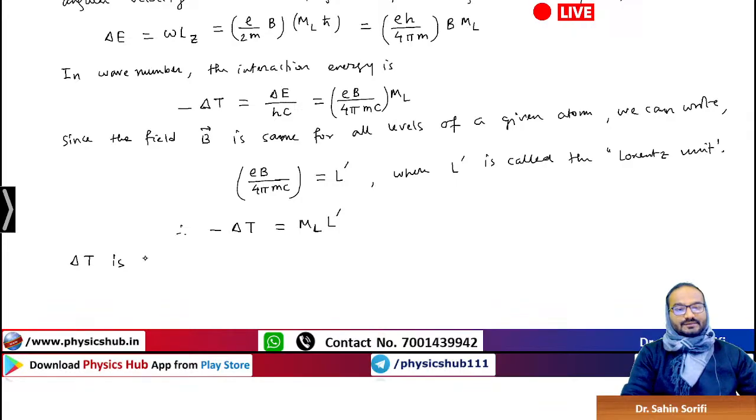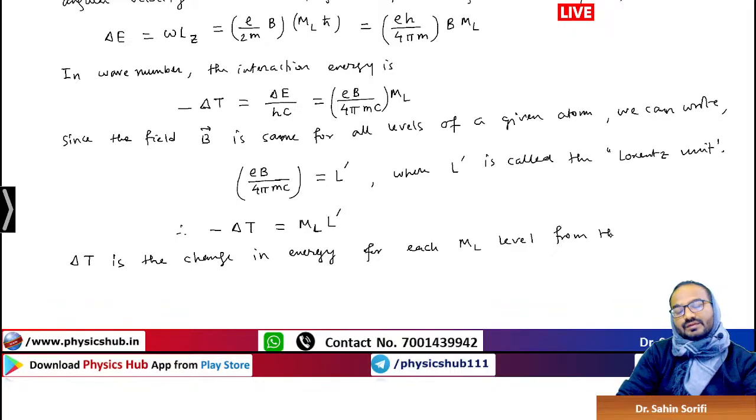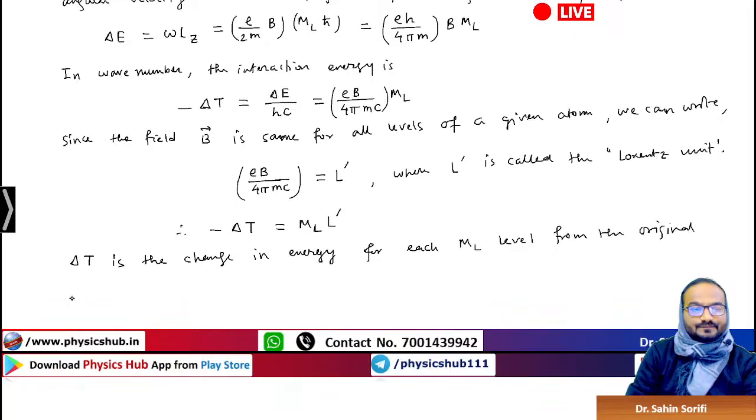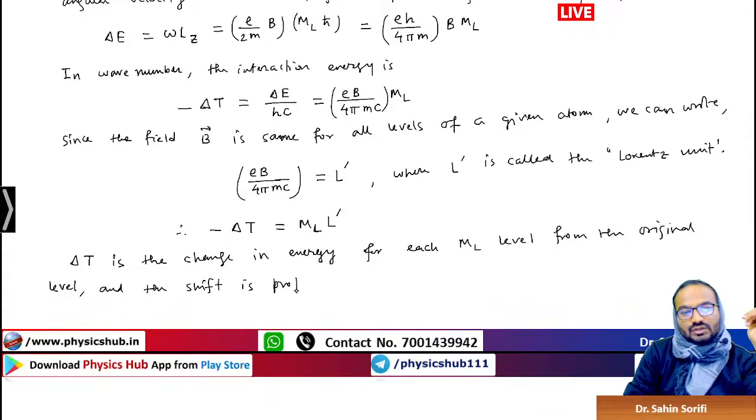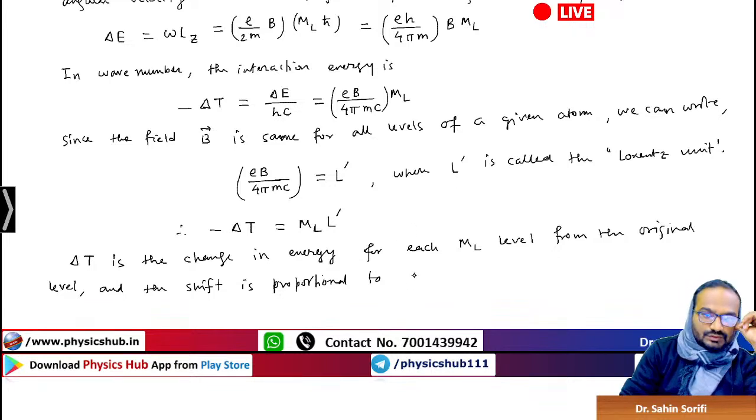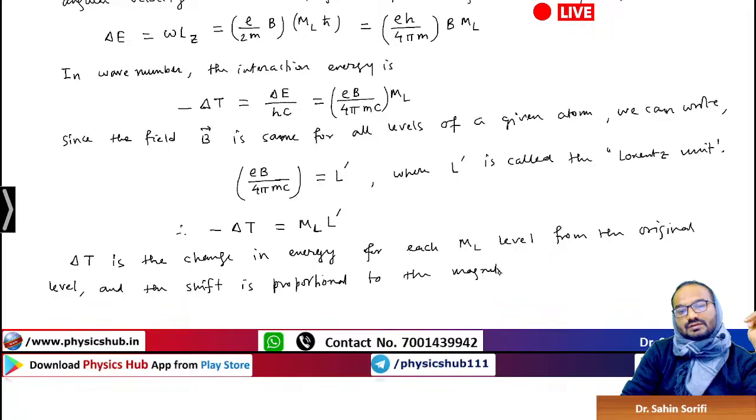Delta T is the change in energy for each ml level from the original level, and the shift is proportional to the magnetic field B.